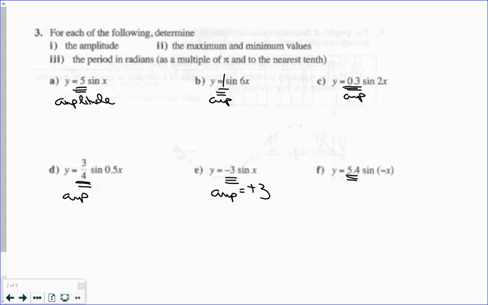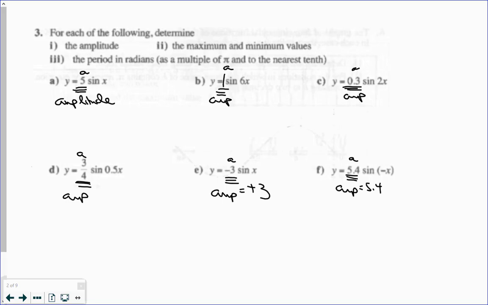The amplitude must be positive. If you're wondering what that negative is for, it makes your graph be drawn upside down. You do not have to know that. It's just what it does. And here the amplitude is 5.4. So we typically refer to the number in front as the letter A. That's easy to remember. A for amplitude.